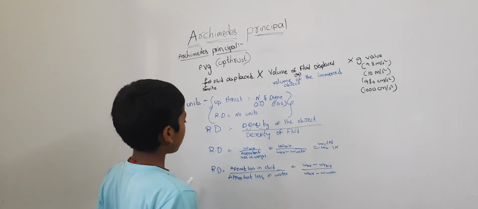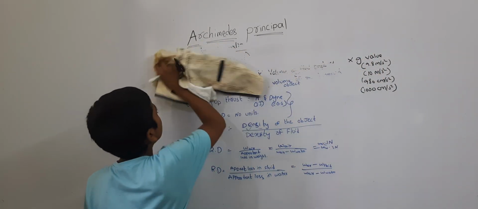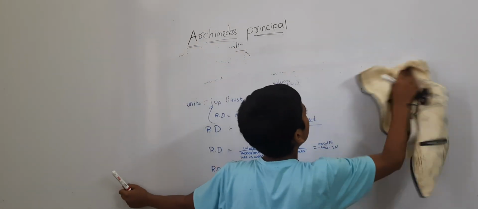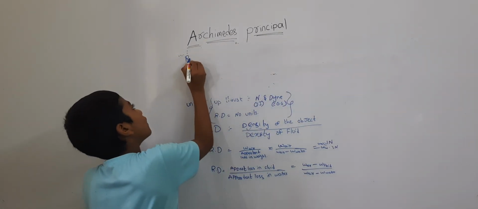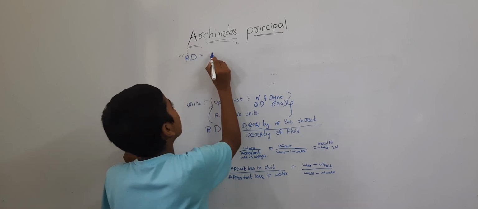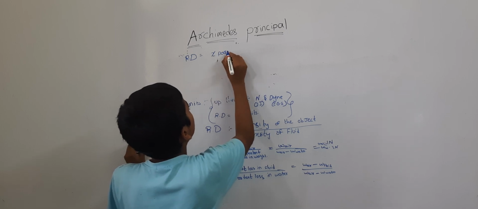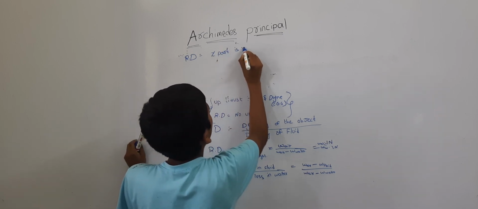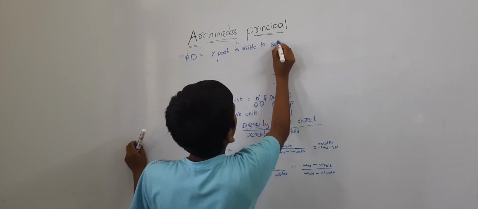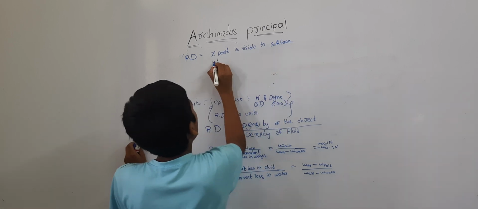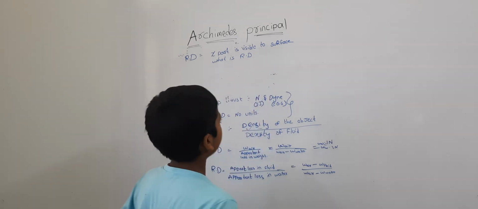The fourth process: if they give that x part was immersed, so x part is visible to the surface, what is the relative density?